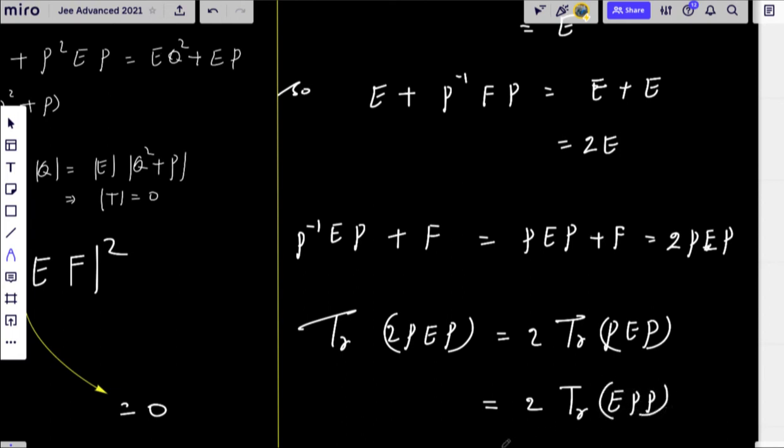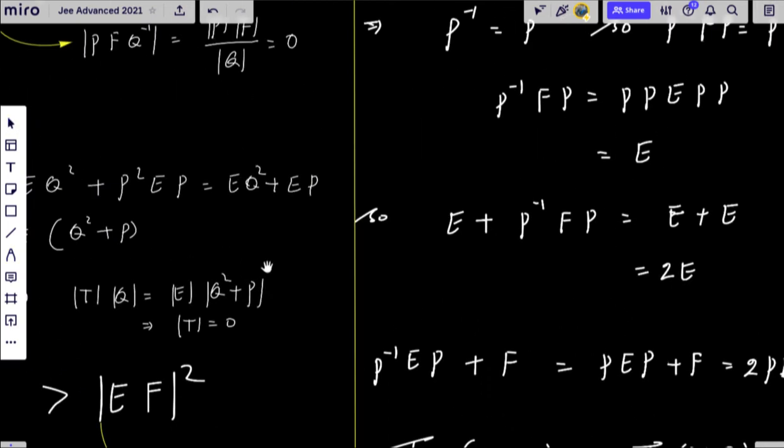Also we can write, and hence we can say 2 times trace of EPP, that is 2 times trace of E, that is E, because P square becomes I, so that is E. Is it clear? That's what happens.